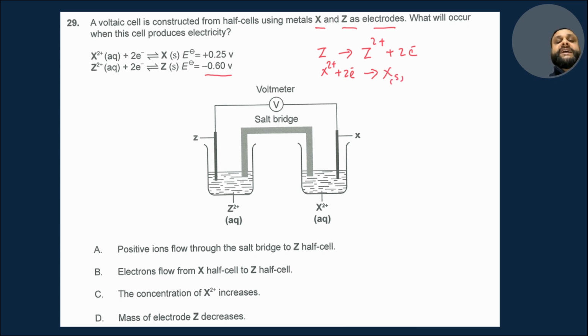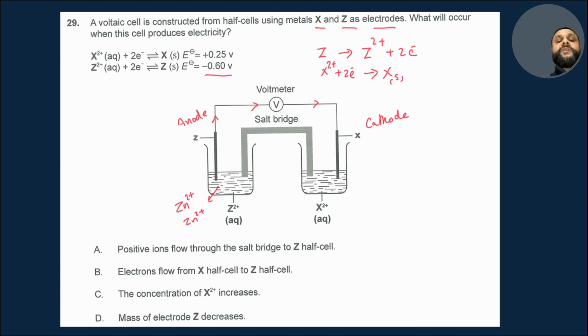So Z will act as an anode, and electrons will start moving from Z towards X through the wire. So X will act as a cathode. When Z oxidizes, more and more Z2 plus ions will keep piling up in this half cell.